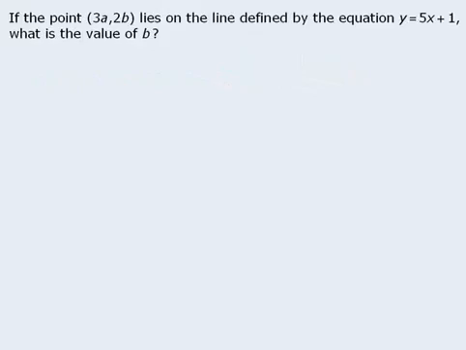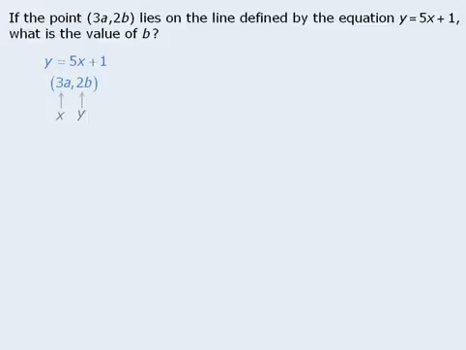Here's another example. The point (3a, 2b) lies on the line y equals 5x plus 1, and we want to find the value of b. How would you summarize this? Well, we have a line defined by this equation, and we know that this point lies on the line. What else can we write? Well, keep in mind that the point (3a, 2b) consists of an x value and a y value.